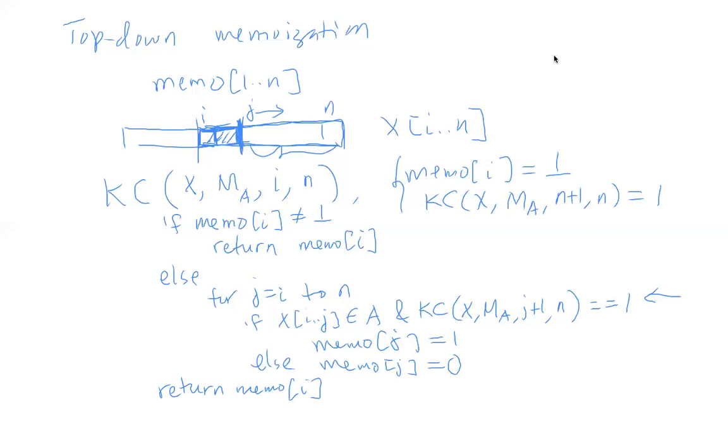So we still have a recurrence, but we could get rid of the recurrence using a bottom-up approach.